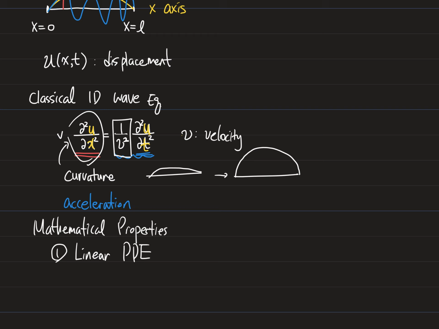So it is actually a partial differential equation, right? Why is it a partial differential equation, not just an ordinary differential equation? What is the difference between partial and ordinary differential equation?